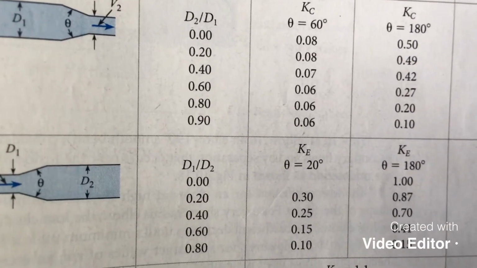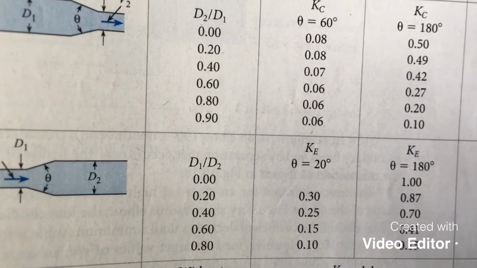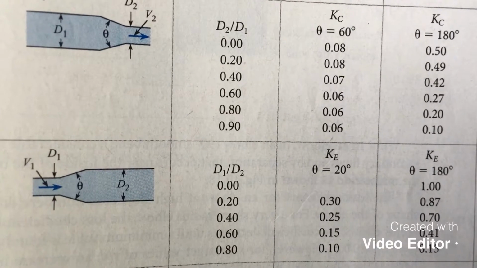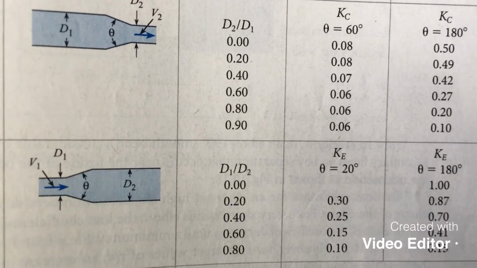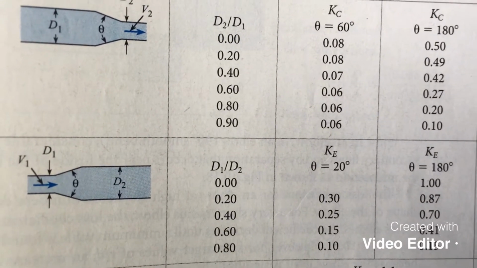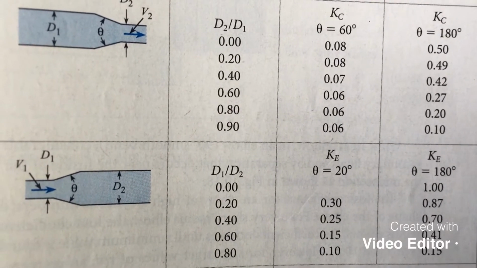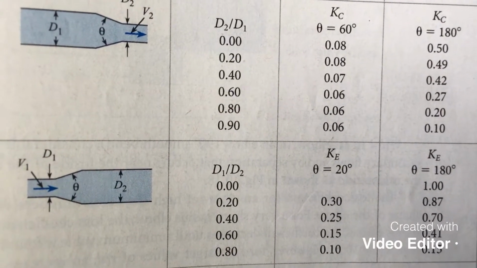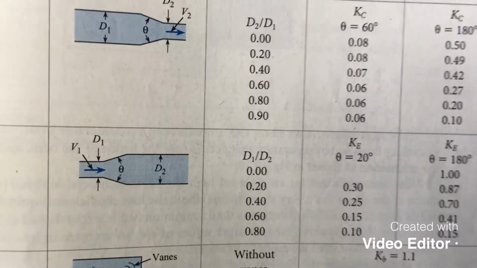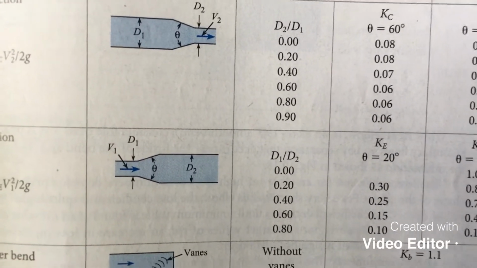So for that first K, when d1 over d2 equals 0, K equals 1, that means an outlet, the exit of the pipe to a reservoir. Notice in that situation, if d2 is infinitely large, then theta is 180 degrees. Theta 180, so K is 1. So that's a special case for the expansion, the exit of the pipe.